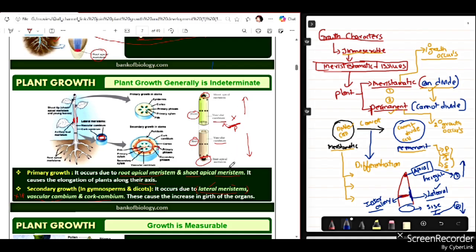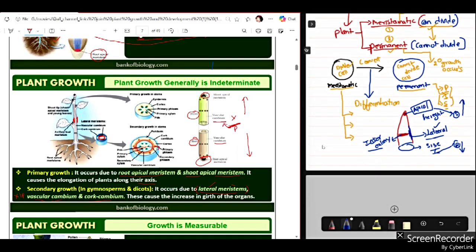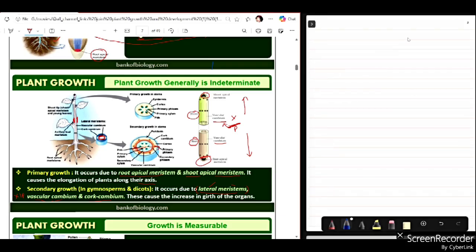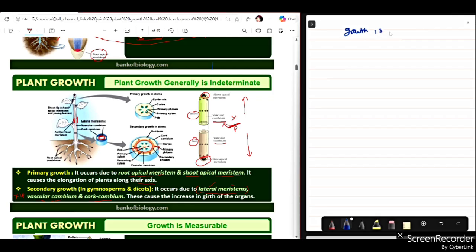Now we have to discuss another topic, that is growth is measurable. Or we can also write it as determinate.